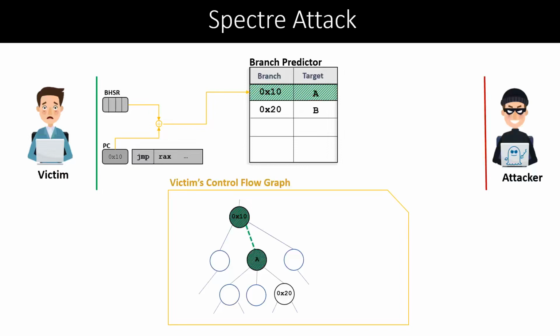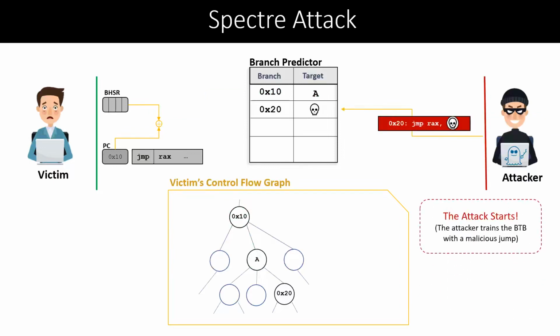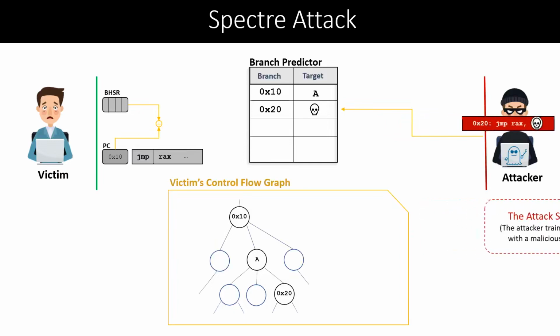Now imagine that the attacker wants to inject the address of a malicious gadget at the address of the vulnerable branch in the victim's address space. To do so, he will execute an indirect jump from the same branch location to the address of the gadget in his address space. He would then be able to inject into the shared BTB.